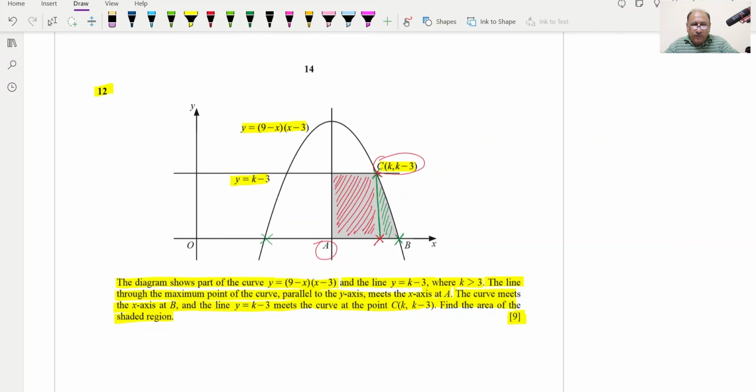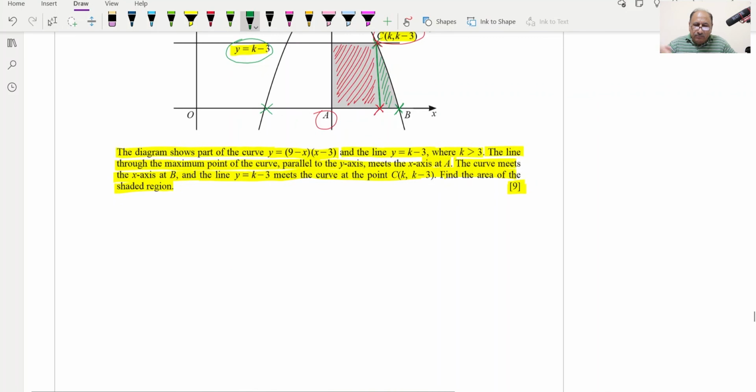Now how will we find all these points? We know that these two, the line and the equation, are intersecting at 2 points, so we can find the points by equating them. We can put this point and equate them.